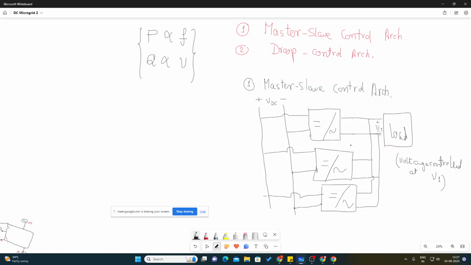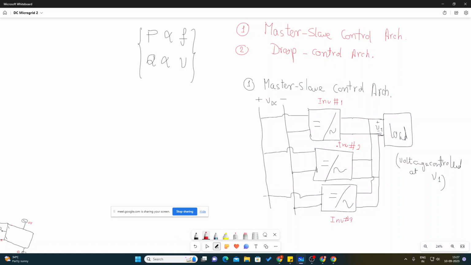So this converter is operated and controlled in such a way that the voltage at the input to the load is always V1. Now the other two inverters, let's name them INV1, this is INV2, and this is INV3.